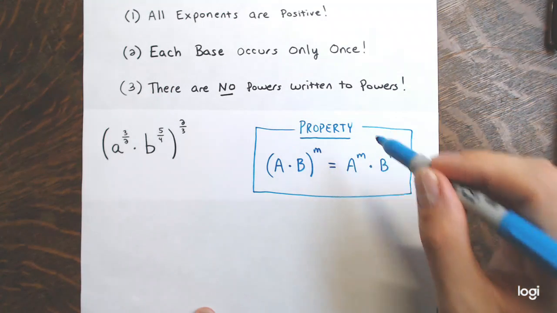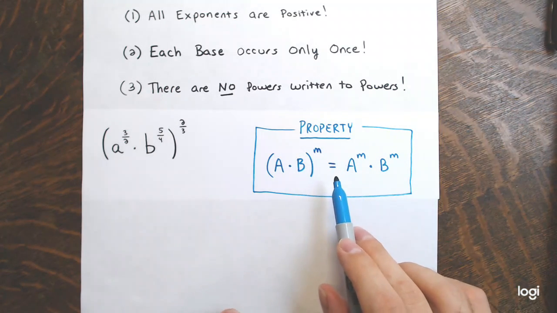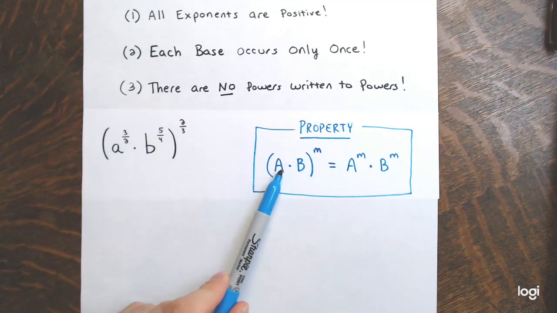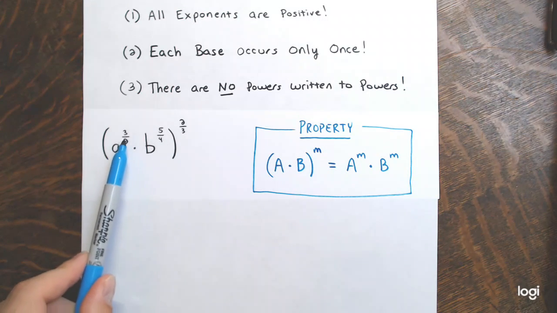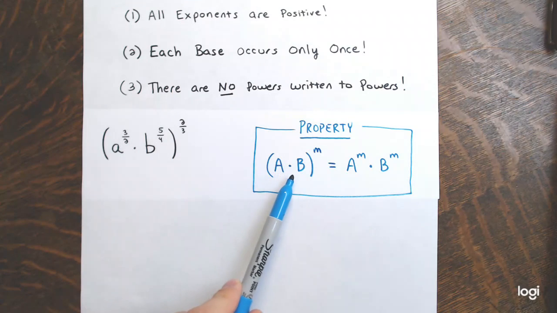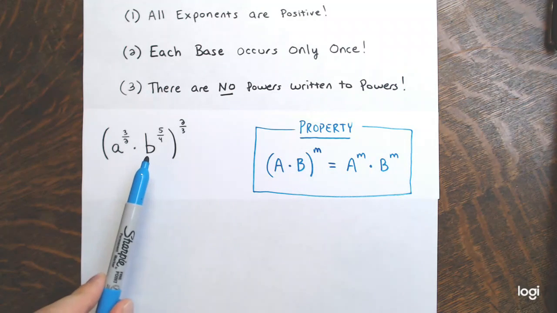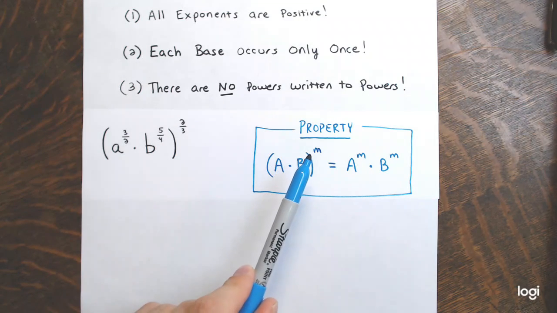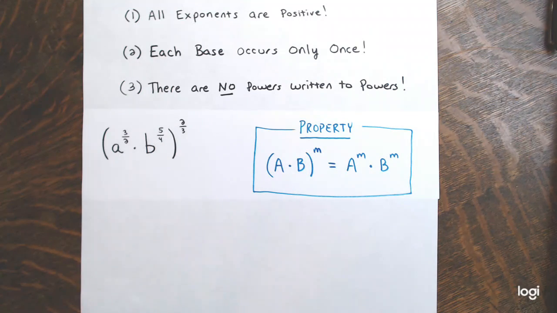All right, so we're going to combine this property with our previous property of raising a power to a power and then multiplying the exponents. So you see here how the capital A is this a to the 3/2 power, the capital B is the lowercase b to the 5/4 power, and then the m is the 2/3 power. All right, so let's go through this.